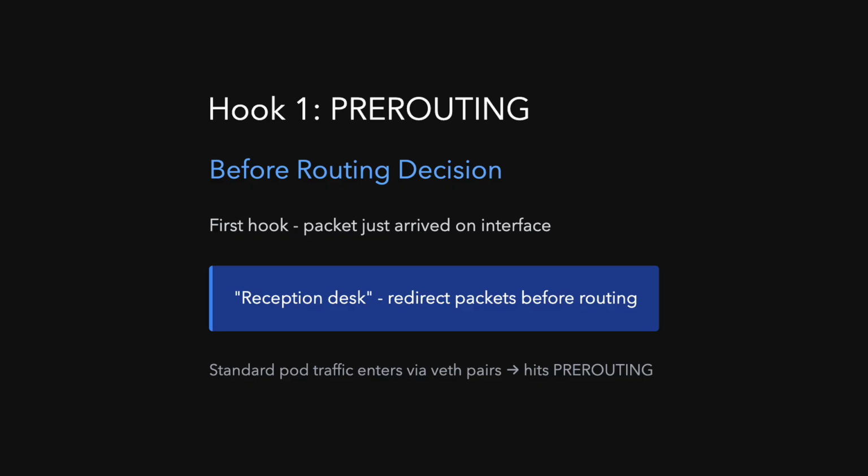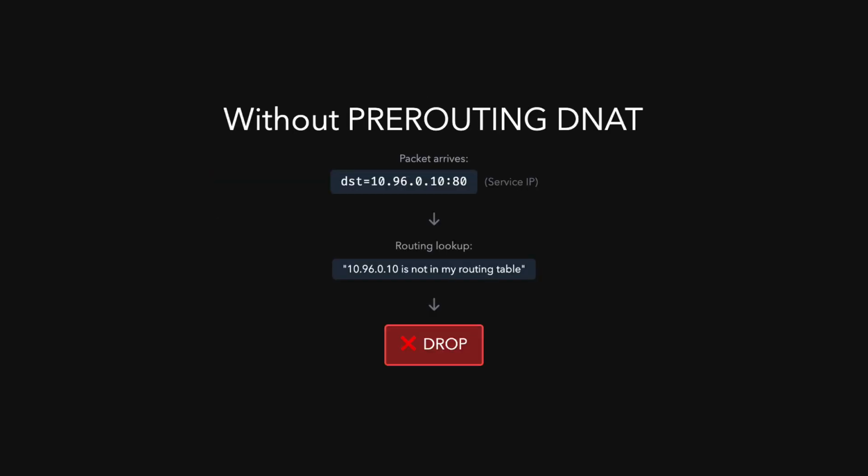Traffic entering via veth pairs hits pre-routing, not output, because from the host perspective, it's traffic arriving on an interface, not locally generated traffic. Without pre-routing DNAT, a packet arrives on the service IP in Kubernetes, the routing lookup says this IP is not in my routing table, and the packet is dropped.